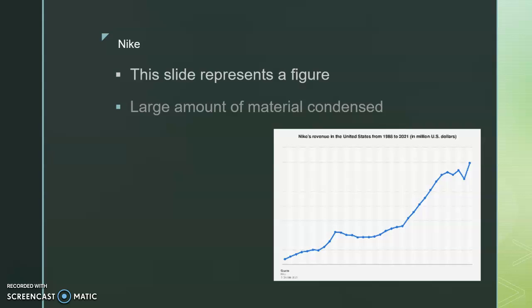So Nike. Again, this slide is going to represent a figure. What a figure is, it includes, again, graphs, circle charts, bar charts, organizational charts. In this figure, you are able to see that it's Nike's revenue from 1988 to 2021 in millions of US dollars. So you can see from 1988, they continue to rise. They have a little bit of a steep hill, and then they continue to go up.